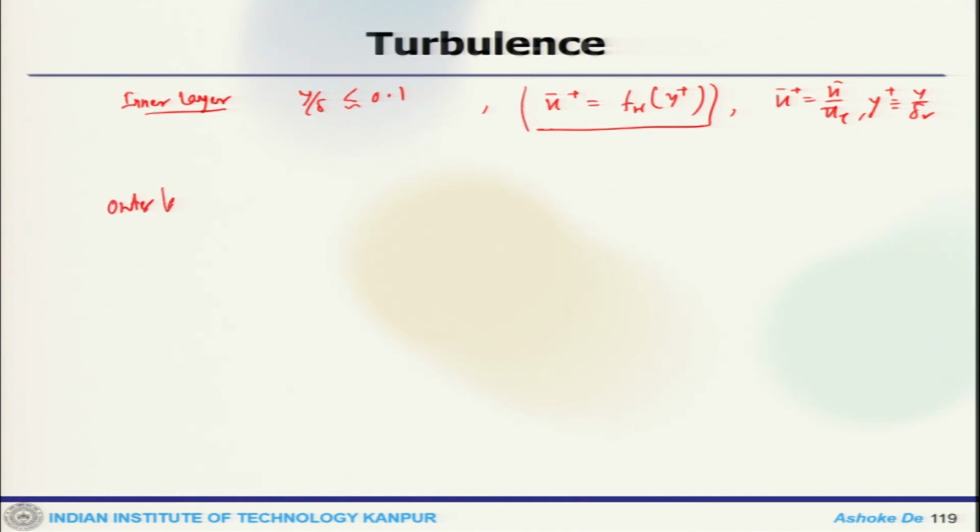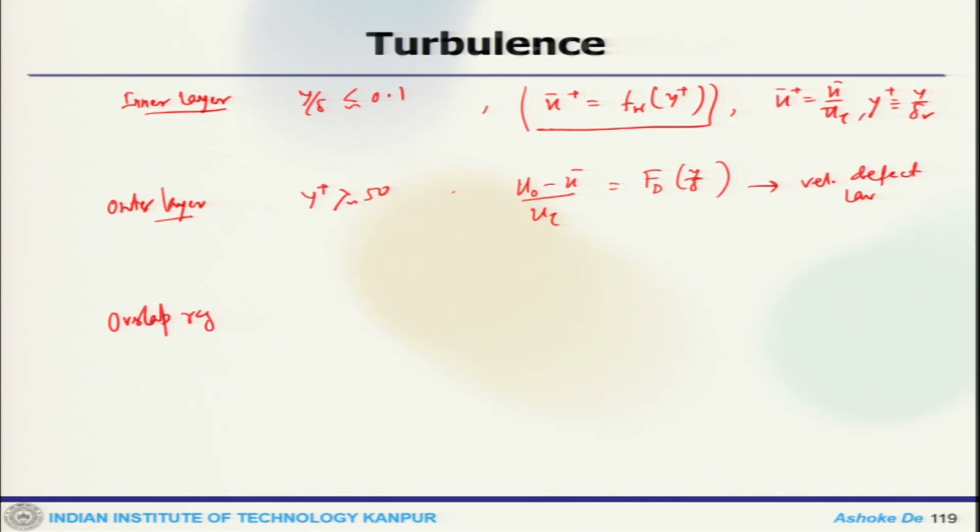You go to the outer layer, where y plus is greater than 50. This is far from the wall, and then we get u naught minus u bar by u tau equals f d of y by delta. This is known as the velocity defect law, and there could be an overlapped region which we can identify, where y plus is greater than 50 and y by delta is less than 0.1.